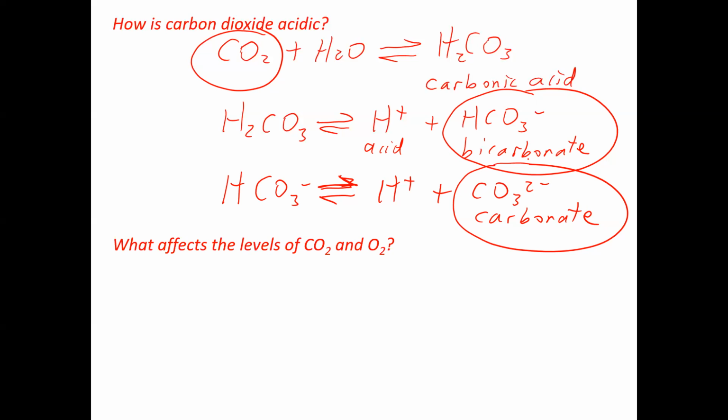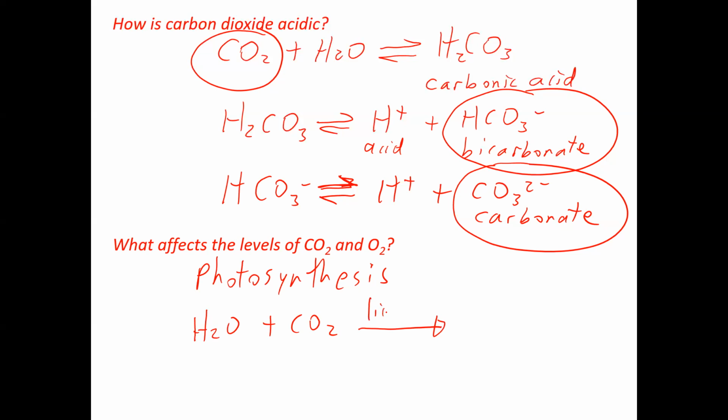So the second question says, what affects the levels of carbon dioxide and oxygen? A big one is, of course, photosynthesis. Hopefully everybody knows the formula for photosynthesis. In photosynthesis, we have water plus carbon dioxide, and of course it takes light energy, and it produces O2 and sugar, right?